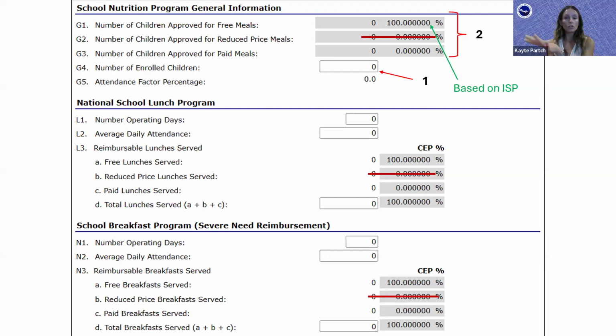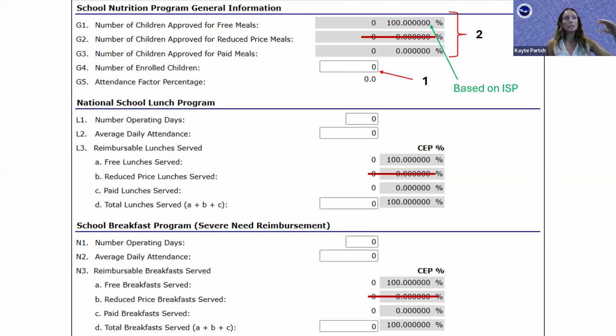You're only reporting the total number of students enrolled in that building in the month you're reporting for. So that's the first number you enter in G4. After you enter that number, then G1, G2, and G3 are going to populate with the appropriate percentages based on your ISP.